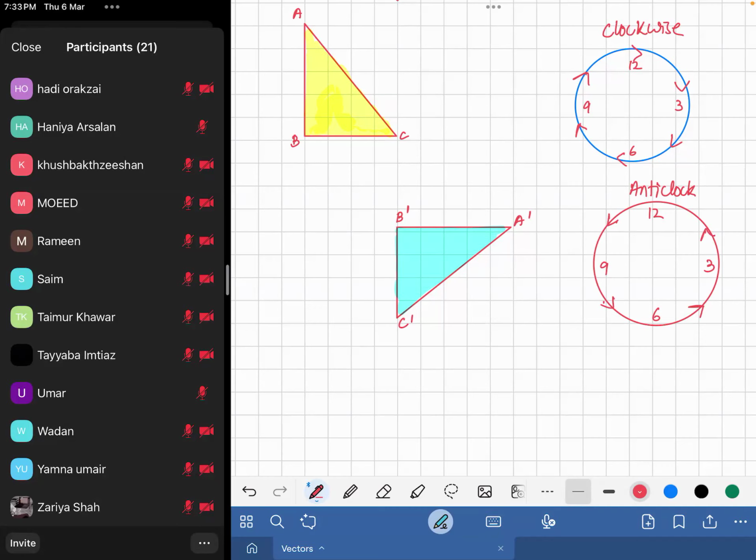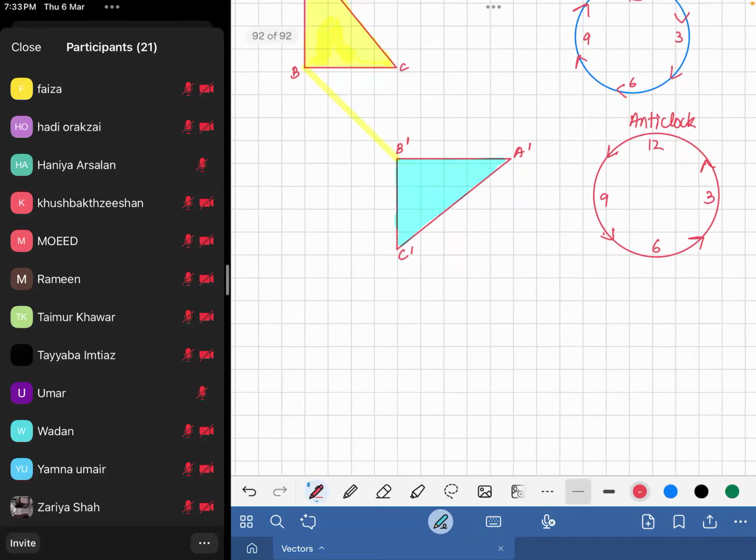So we got the idea that the rotation is clockwise. Now, Saim, can you see that this length and this length are corresponding to each other? Yes or no? Yes, I can see that. That B to B prime is my length, and it is 1, 2, 3, 4 boxes down and 1, 2, 3, 4 boxes right. Agree?